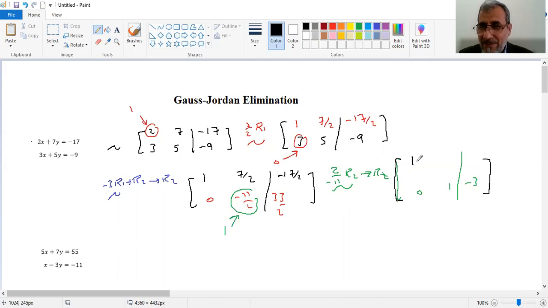Rewrite the first row, which is 1, 7 over 2, negative 17 over 2.